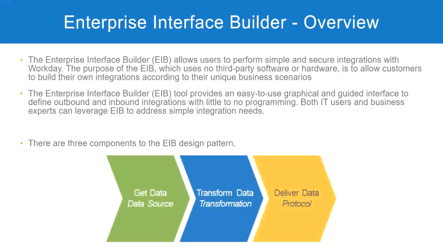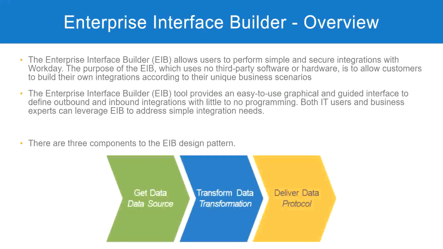So any integration will have 3 steps. First we have to get the data from somewhere. Some of you said we will Google the data. Absolutely. So you can get the data from somewhere.